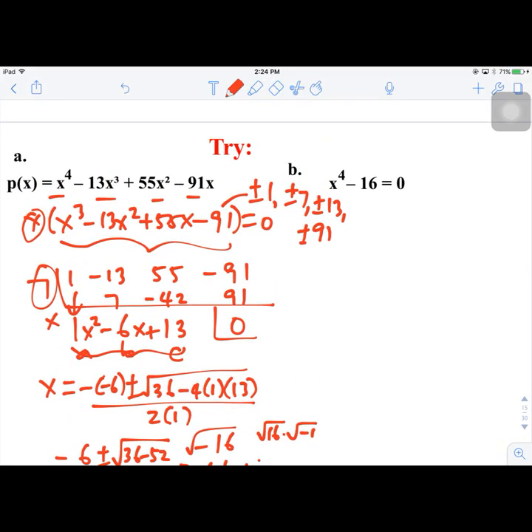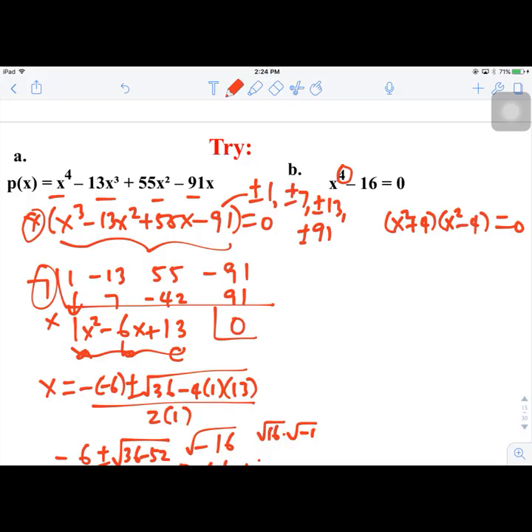The next one we have is actually in the form of difference of squares. So we can see that this is x squared and x squared plus 4 and a minus 4. That will give us x to the 4th minus 16.